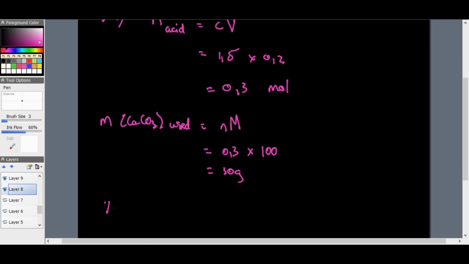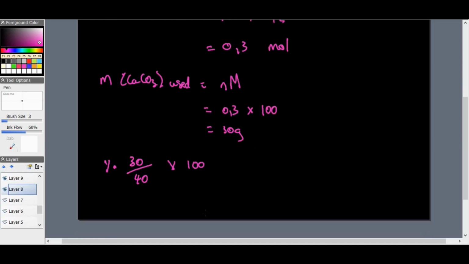So percentage purity is taking our actual amount that was used, 30 grams, dividing it by the 40 grams, which is the mass of the impure sample, multiplying that by 100 to get a percentage. Okay, and therefore percentage purity is equal to 30 divided by 40, which is the same as 3 over 4, which is 75%.